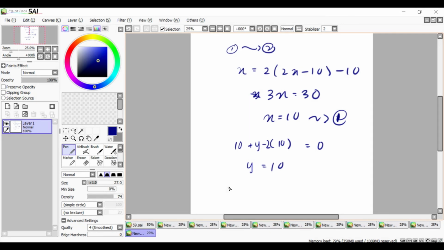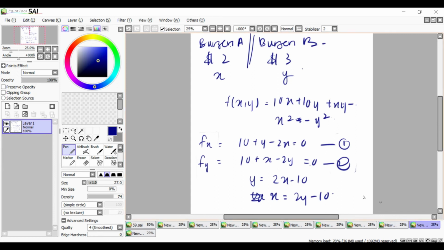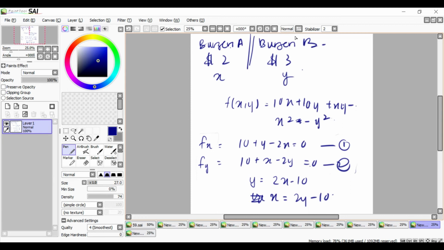This means that selling 10 burgers A and 10 of B as well would maximize the profit. So this sort of maximizing profit question is actually a really straightforward one, because this is the simpler type.